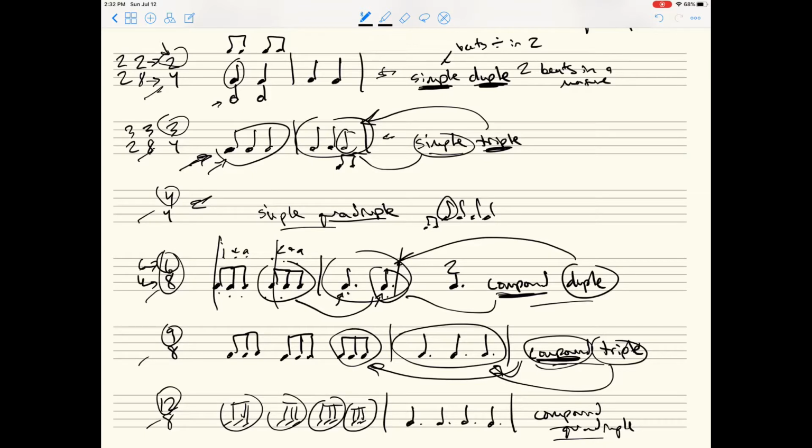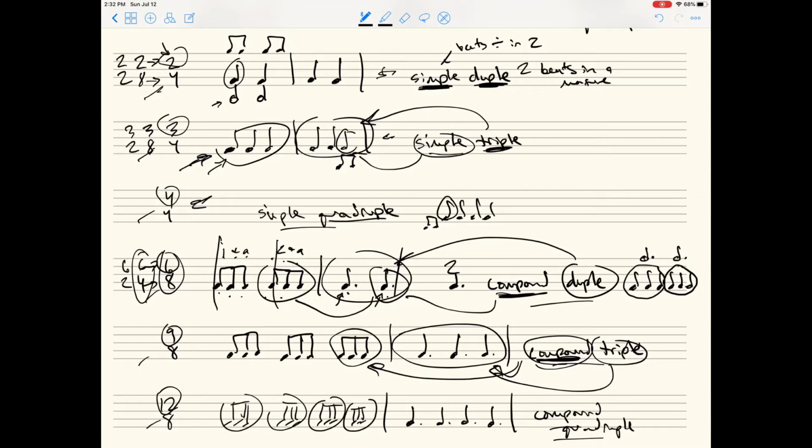You could have 6/4, 6/2. So the thing to remember about 6/4 is that you're going to have 6 quarter notes in a measure, right? But they're going to be in this kind of beat pattern. And so your basic beat is going to be that.